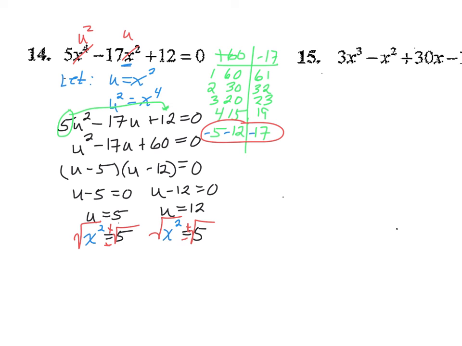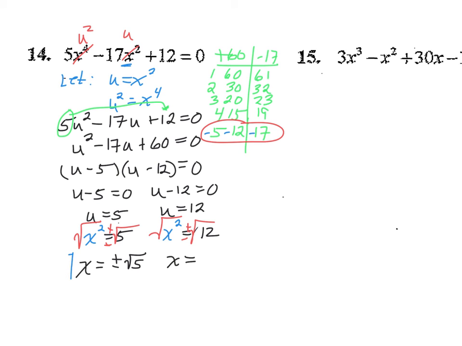So we end up with, remember we're looking for 4 total solutions, x is equal to positive or negative square root of 5. I don't know how I got 12 over there. Hang on. That shouldn't be 5. That should be 12, right? All right, so then the square root of x squared is x.